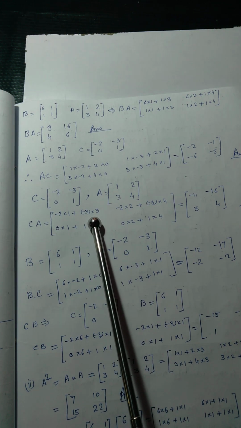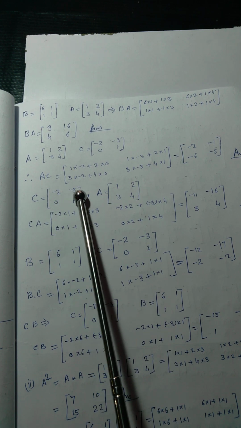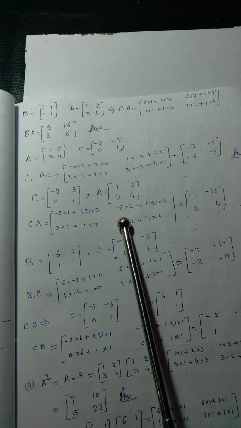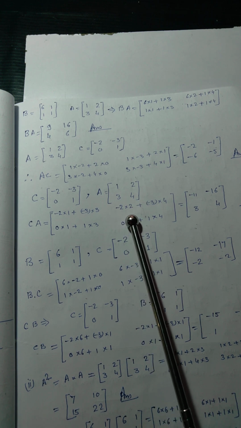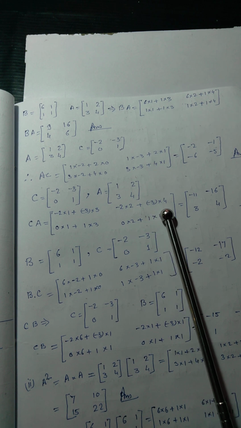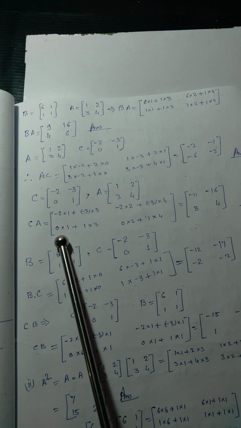Now again, minus 2 and minus 3 will be multiplied to column 2, so minus 2 into 2 plus minus 3 into 4. Here it is completed.